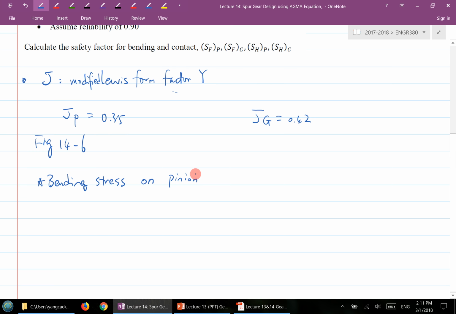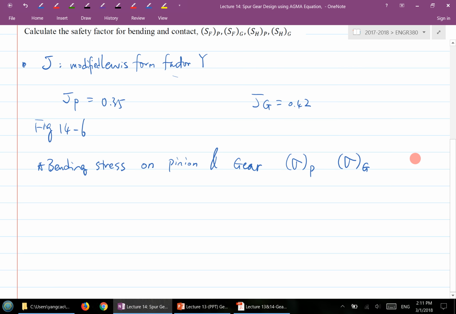We're going to look at both the pinion and the gear, right? Let's denote that as sigma p and sigma g. You don't need a bracket actually for the bending stress here.